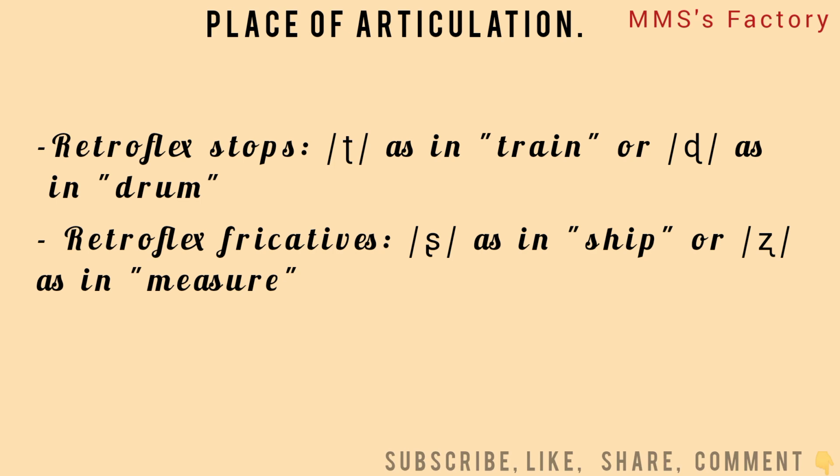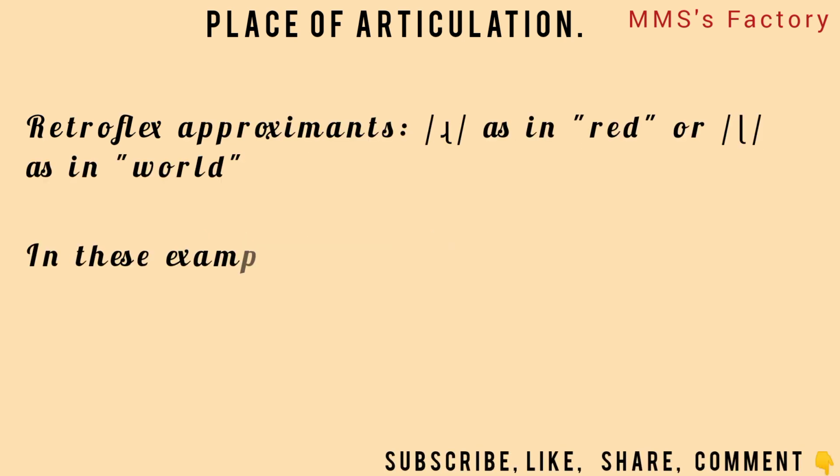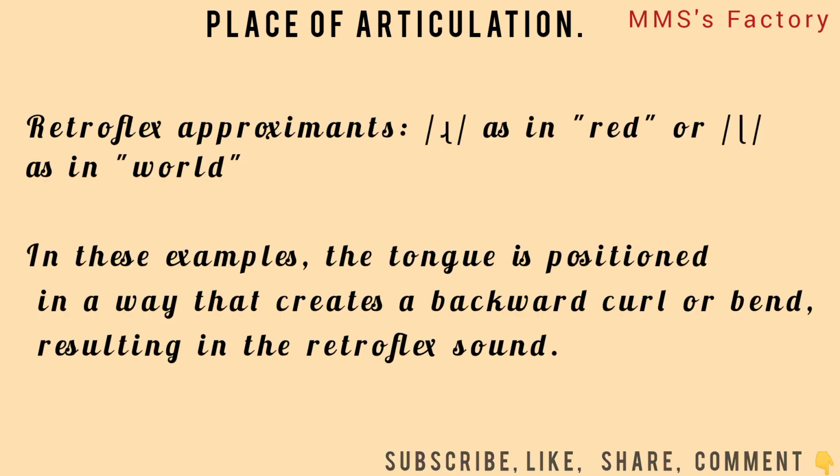Retroflex fricatives, as in ship, or as in measure. Retroflex approximants, as in red, or as in world. In these examples, the tongue is positioned in a way that creates a backward curl or bend, resulting in the retroflex sound.